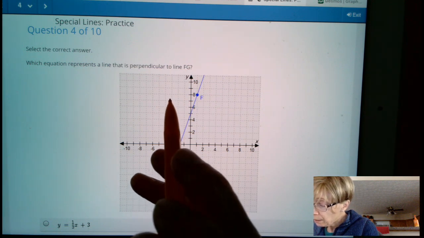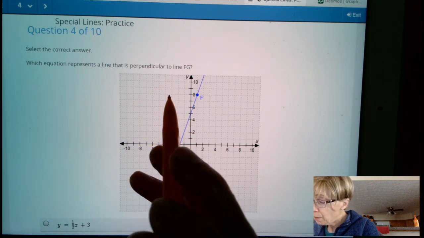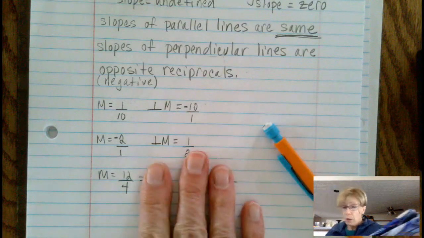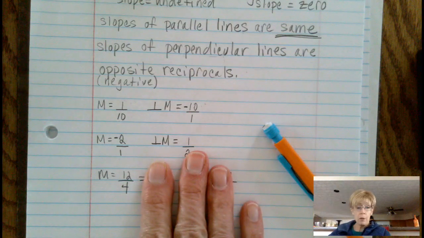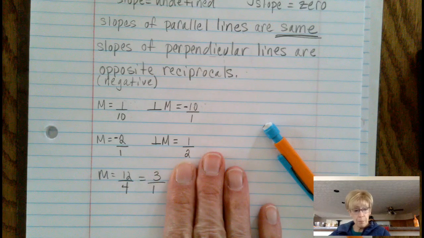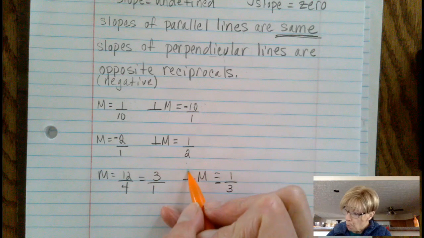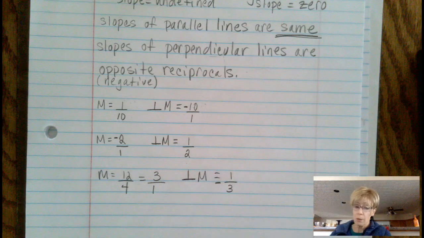So 12 over 4 is what we came up with. Well, 12 divided by 4 is 3. So I wrote it as 3 over 1, because we're going to have to find the opposite or negative reciprocal of that. And our perpendicular, by the way, this symbol right here is perpendicular. We flipped the 3 over 1 to 1/3, but we also had to change the sign to a negative.